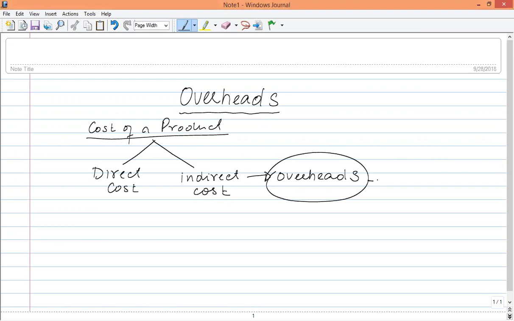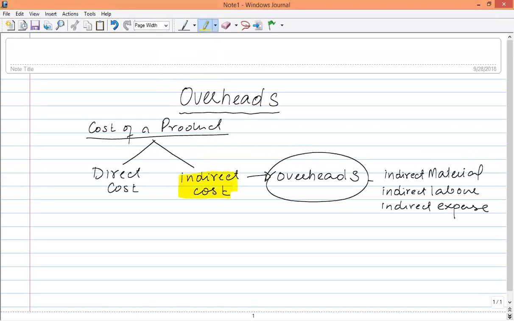That indirect production cost is called the overheads. And this overhead comprises indirect material, indirect labor, and indirect expense. Indirect cost, by definition, is the cost that cannot be easily identified with a specific cost unit.